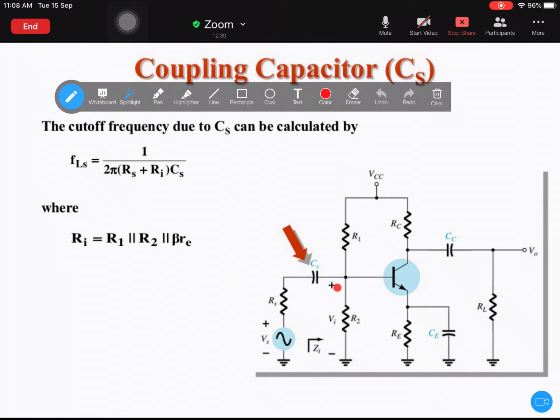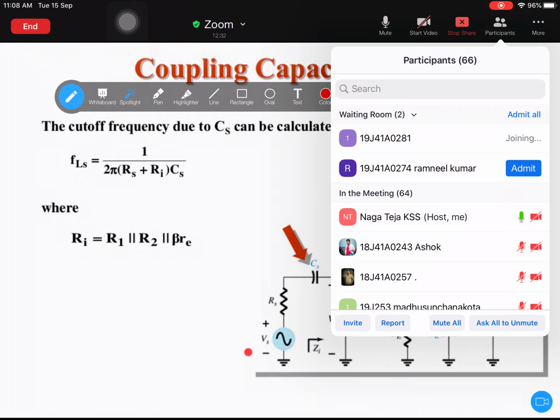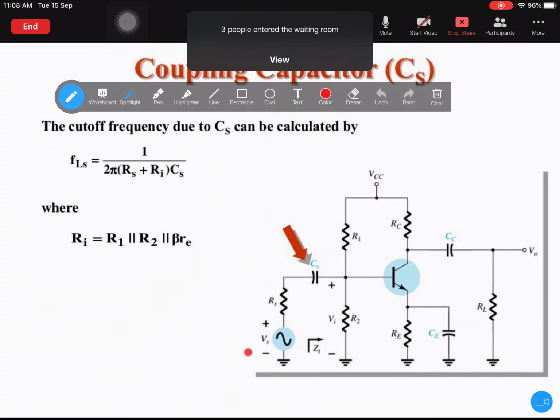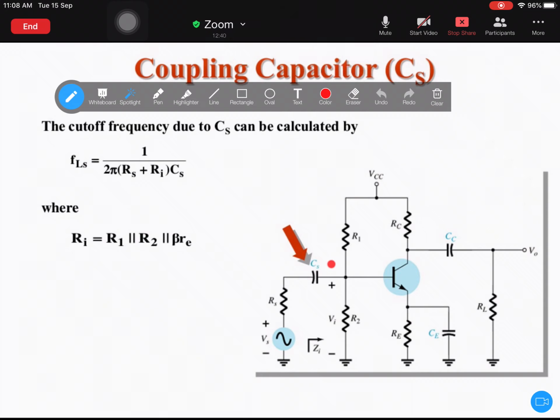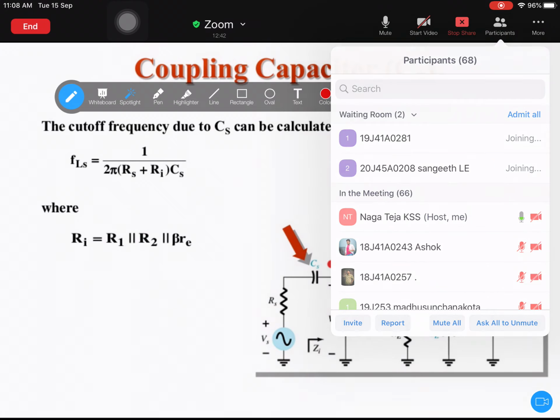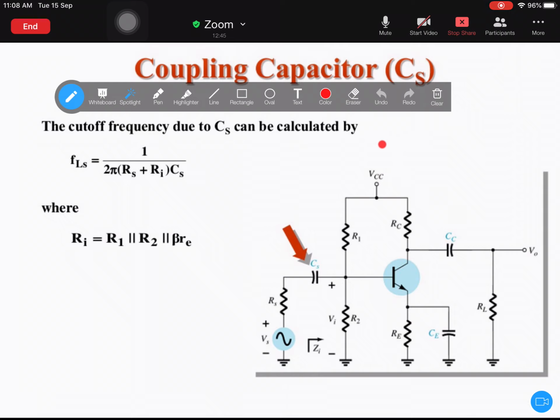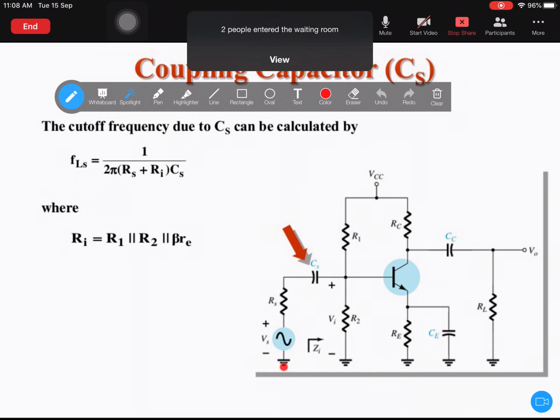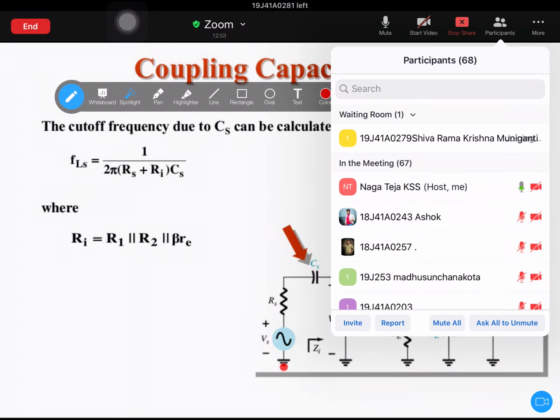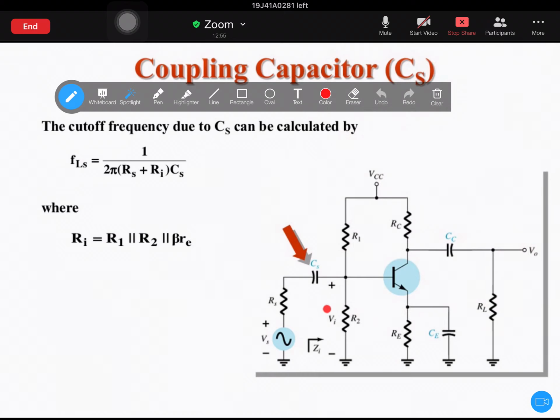See, remember, if for some reason the input signal is lost, that is, there is no input signal, then there is a danger that the DC biasing voltage you are giving here may result in a current flow to the input side, which is not at all desirable. Current should not flow towards the input side.